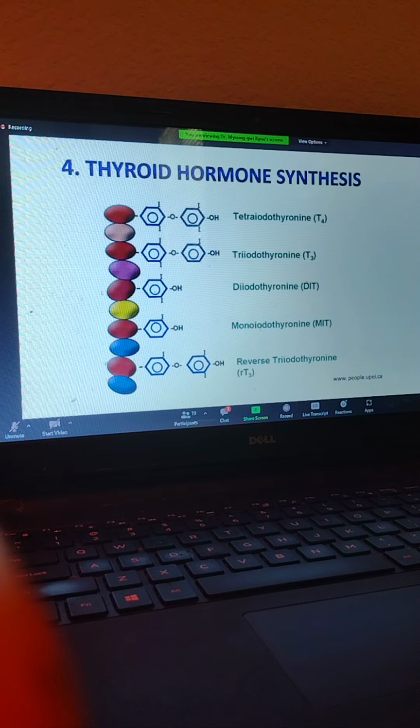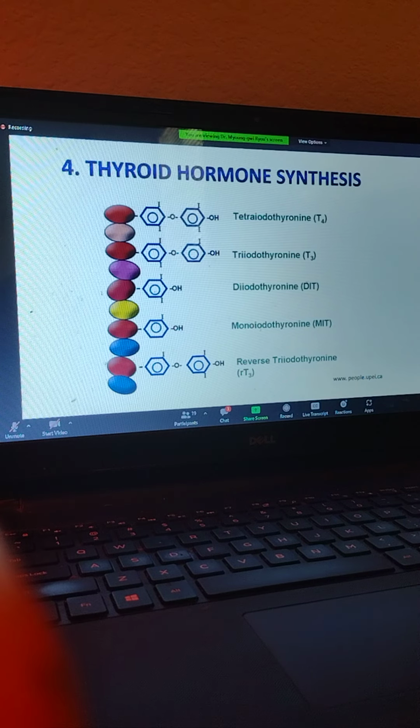right? So we have the tyrosine residues, likely the red indicating the tyrosines. And if you have the T4, the four iodinations happen, then this is T4. And also we can have three iodinations, probably at the 5' position, so T3. And also DIT and MIT can bind together. So this MIT and DIT can dimerize again by the peroxidase. And then we can also have the reverse T3.